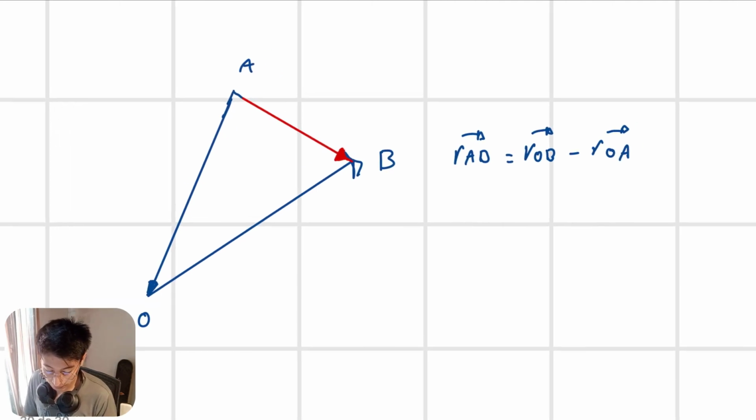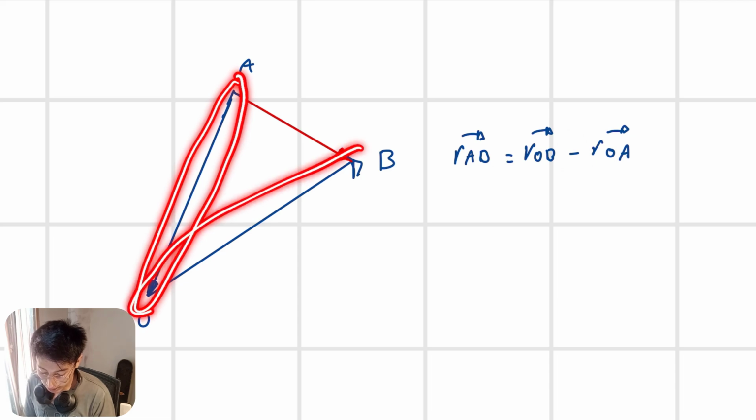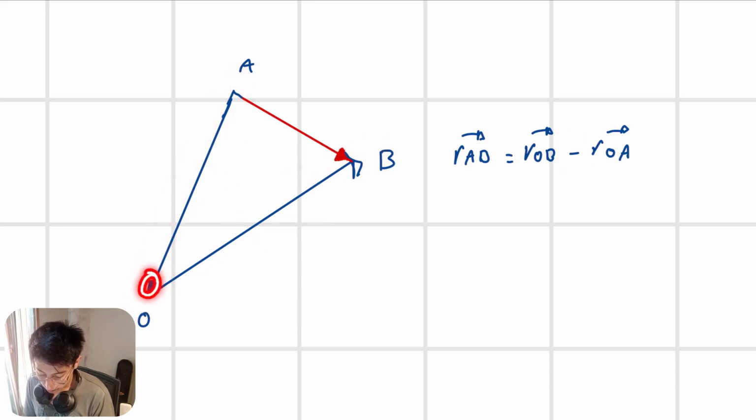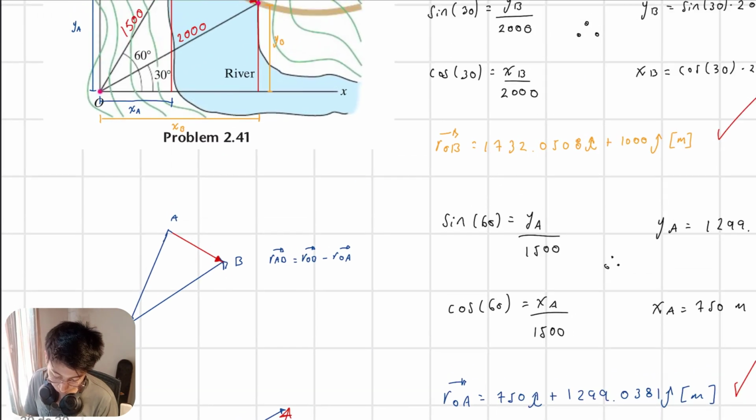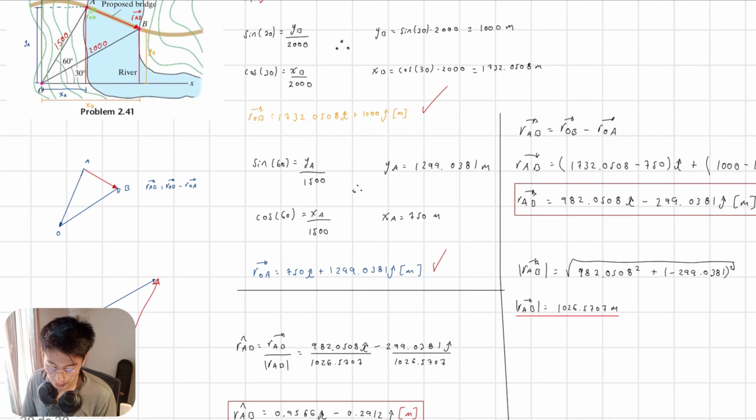So I have OB, which is still positive, minus OA, because now it is going to be pointing towards the other direction, so I can meet the requirement tail with head, and the solution could be the other way around, tail with tail, head with head. All right, this is the y.